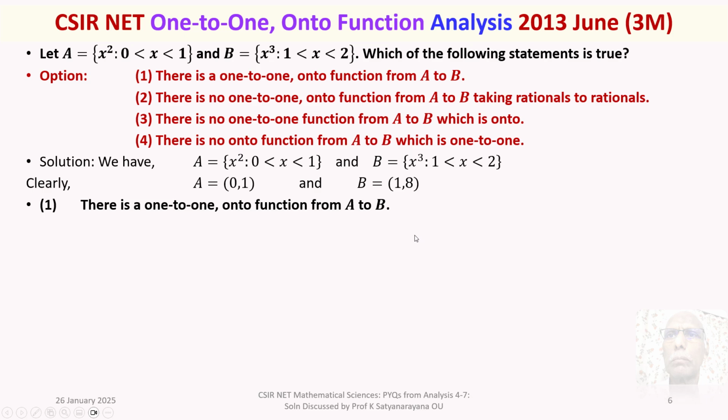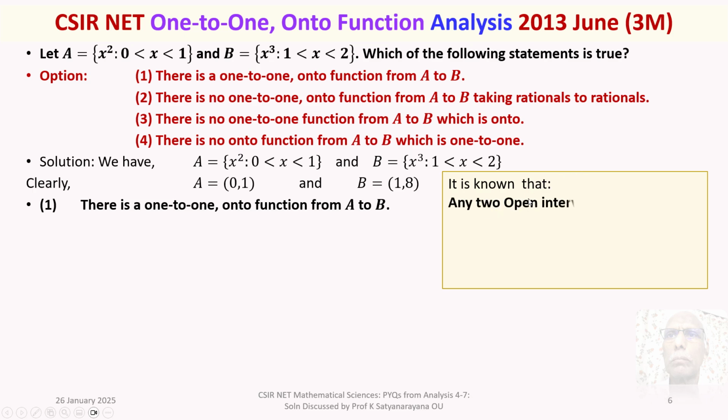Here, the word equivalent means there is a bijection between these two sets, that means there is a one-to-one and onto mapping between them. This is an open interval, this is an open interval. They are equivalent, so there is a one-to-one and onto function from A to B. Therefore, option 1 is true.